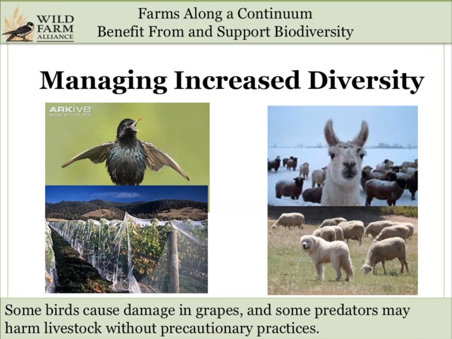Another issue, obviously, is whether wildlife are eating the crop or the livestock. So sometimes precautionary practices have to be used, like netting these grapes to keep out the non-native starling, or using predator-friendly practices to protect livestock, like using guard animals, electric fencing, flashing lights, putting vulnerable animals in at night, making unpredictable appearances, and keeping records of when livestock are harmed by wildlife.